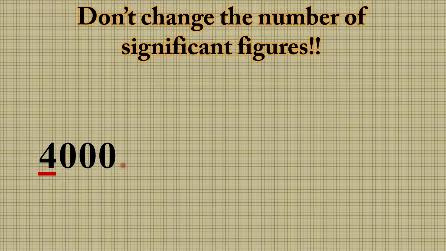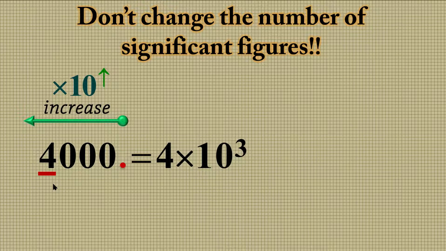If I manually add one decimal point here, it can't change the number of significant figures. So if I put the decimal point 3 steps leftward, I should have 4 times 10 to 3. 4 times 10 to 3 also has just one significant figure, and the trailing zeros are removed.